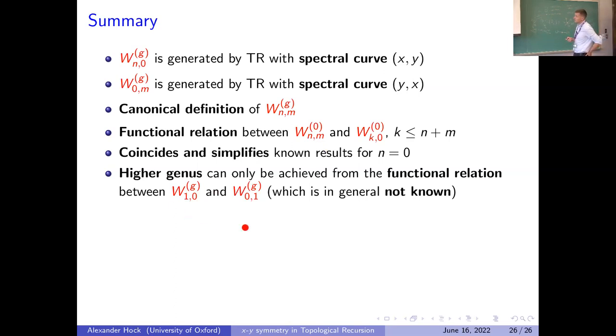But to go to higher genus, you need first of all the functional relation between W_{g,1,0} and W_{g,0,1}, because loop insertion operator just gives you an additional puncture. So you need first of all this relation. I can take it from their paper, but the formulation is so complicated.